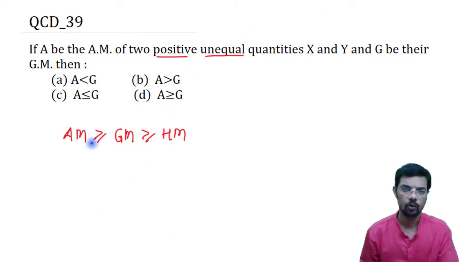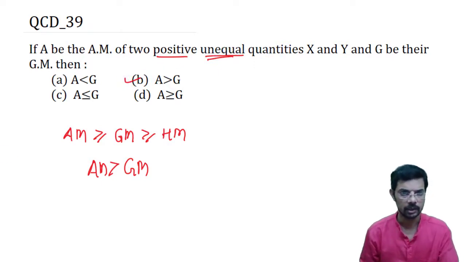The equality sign will hold only if the values or observations are equal. But here it is clearly given that the quantities are unequal. Therefore, the arithmetic mean is greater than the GM. So in this case, we have A greater than G because of unequal quantities.